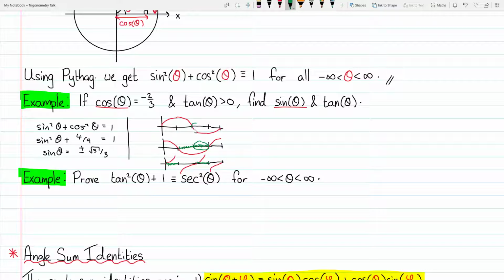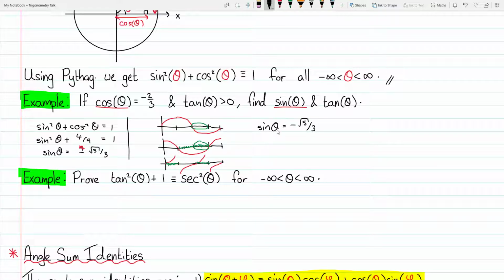It must be over here. Well, if it's over here, notice how the sine function goes below 0. So that means the sine function is negative. And since the sine function is negative, it's not positive, so we can eliminate this case. And so we get the exact value of sine, which is negative the square root of 5 divided by 3.